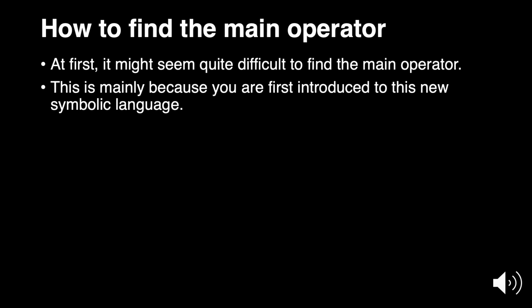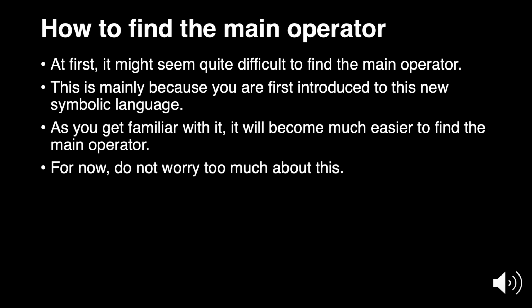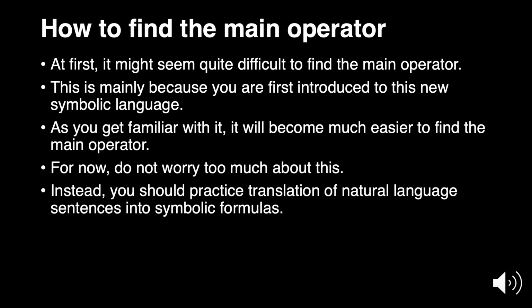However, if you get familiar with it enough, then it will not be so difficult to locate the main operator. So for now, I would like to suggest, do not worry too much about this. Instead, just play with it.